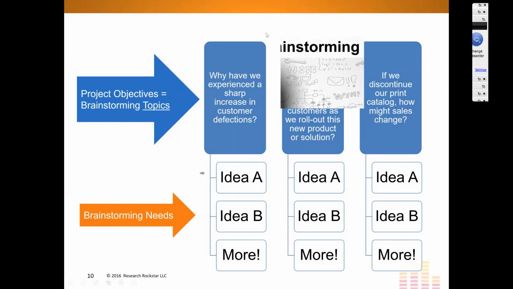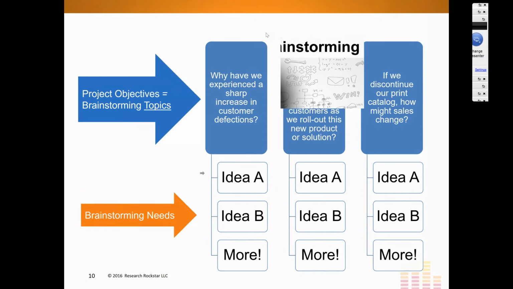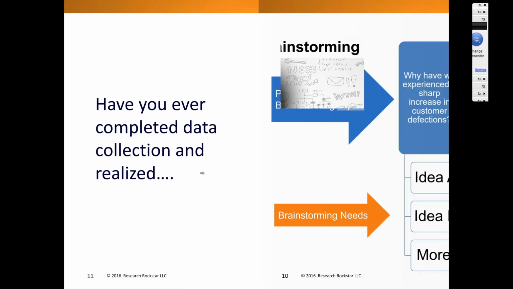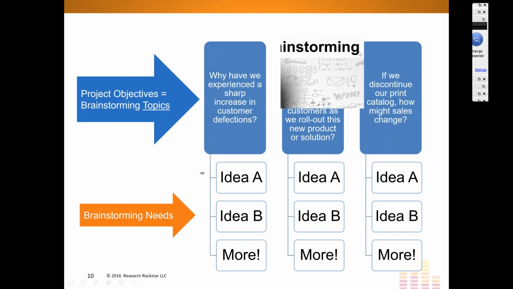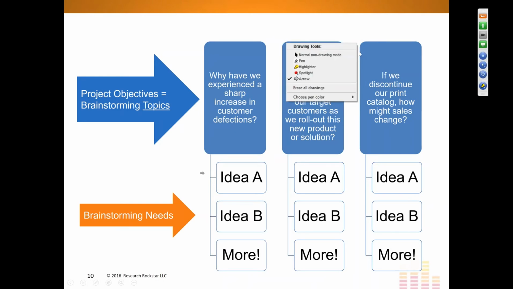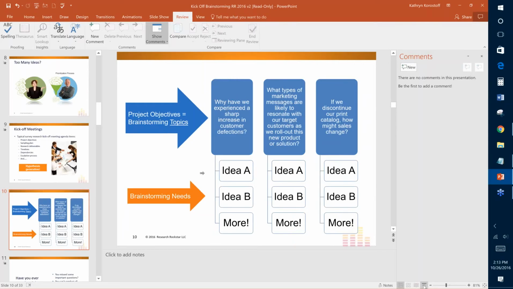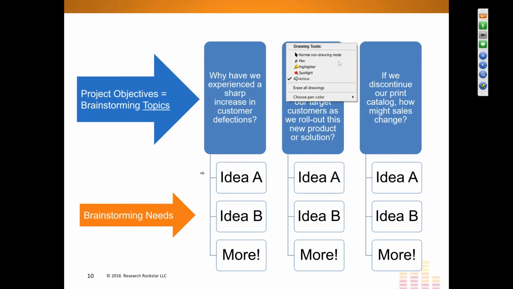An organization is about to roll out a new product or service, and they're trying to understand what kinds of marketing messages they need to have that are really going to resonate with those folks when they're rolling out the new product or solution.